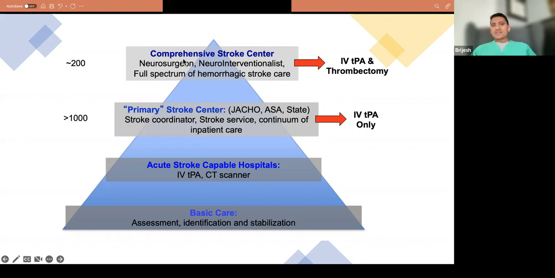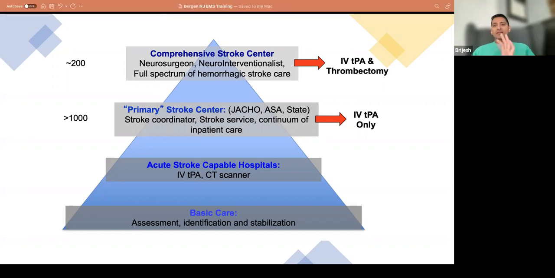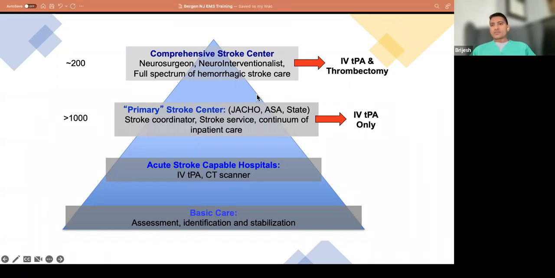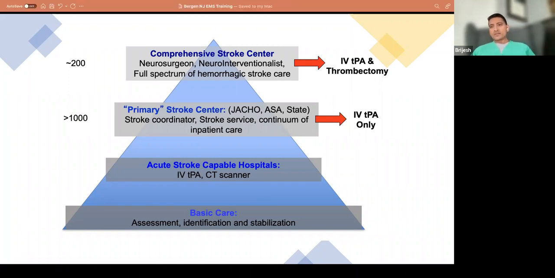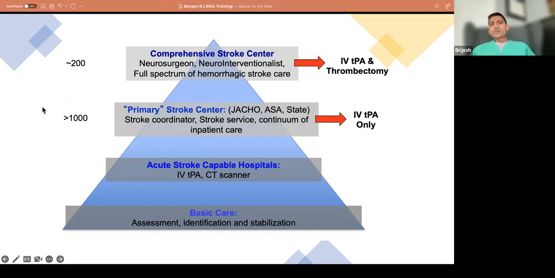So essentially a CSC, a comprehensive stroke center, is the cream of the crop. They have 24/7 capability, manage all types of neurosurgical, neurointerventional issues, whereas a thrombectomy capable stroke center can give IV TPA as well as open up the artery in the brain if it's blocked using mechanical thrombectomy. And a PSC, which is the most common type in the country, are the ones that can give IV TPA.